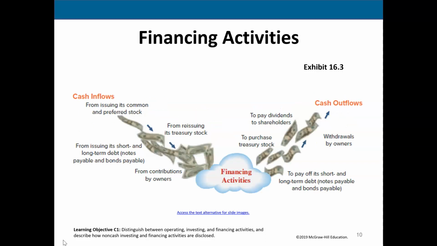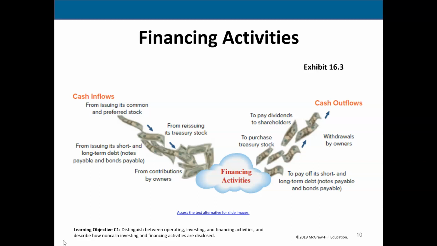Financing activities, cash inflow would be if you issued common or preferred stock, if you issued a bond, if you reissued treasury stock, or if you have a contribution from the owner. Treasury stock is when the company buys their own stock back.